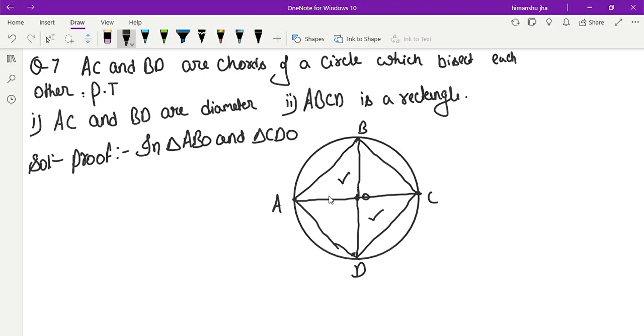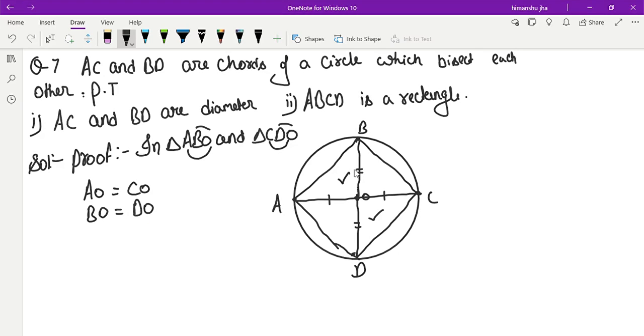So we already know that OA equals OC. First thing, AO equals CO. Now second thing, BO equals DO.